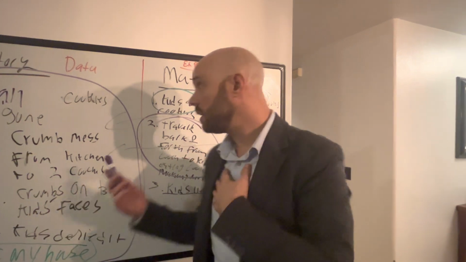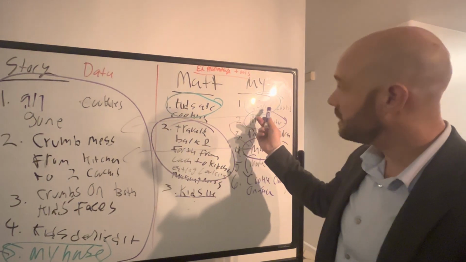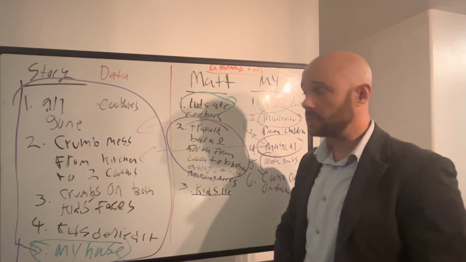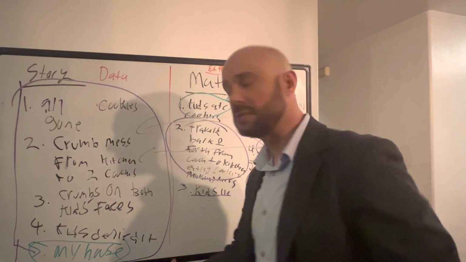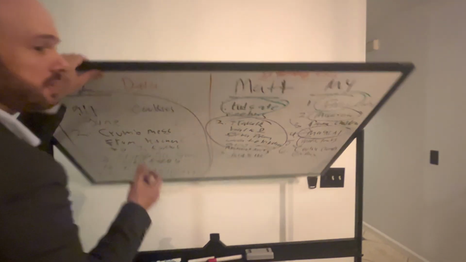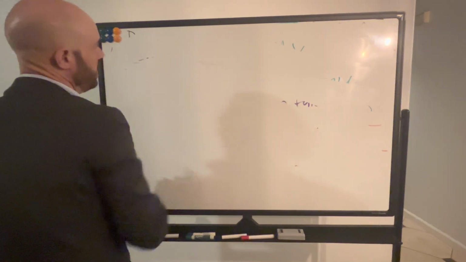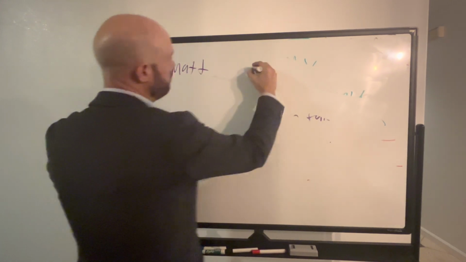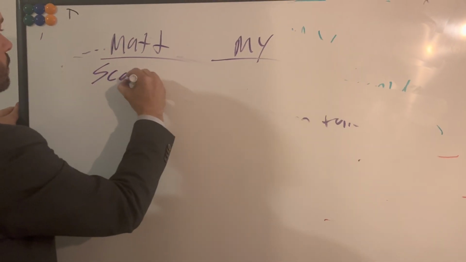So at the end, in this situation, my explanation and Matt's are both internally and externally consistent. They're both falsifiable. However, Matt's is better, meeting other criteria better than mine does. So when you compare Matt's and my theory, Matt's has more scope.